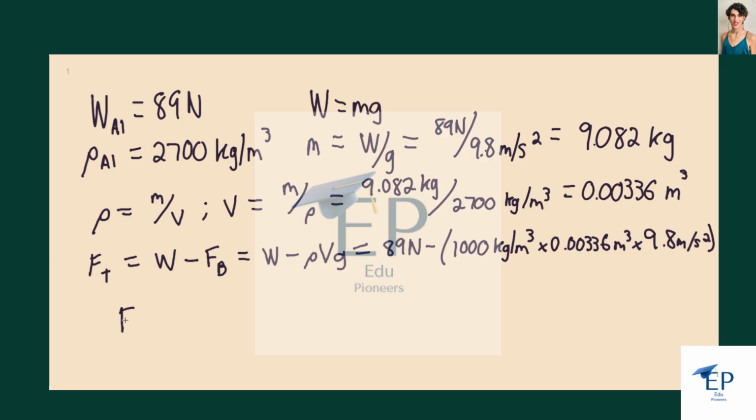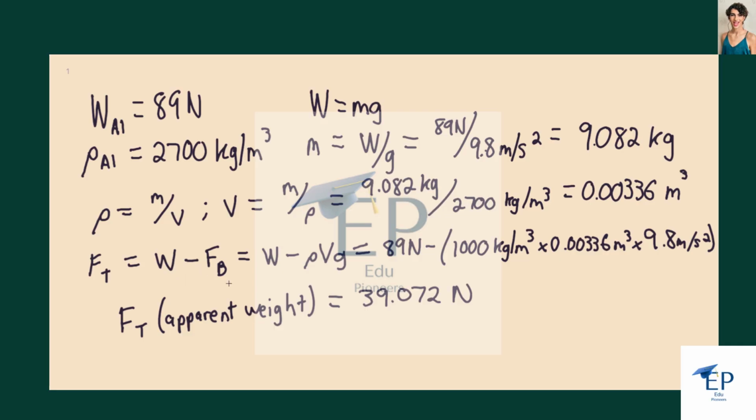Solving for this, we find that the force tension, or the apparent weight of the aluminum ingot, is going to be 39.072 newtons.